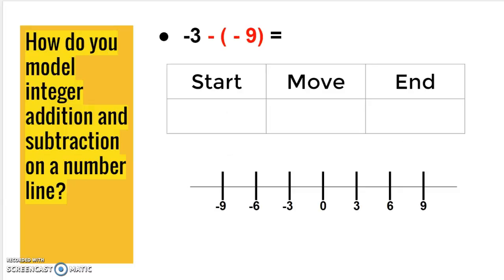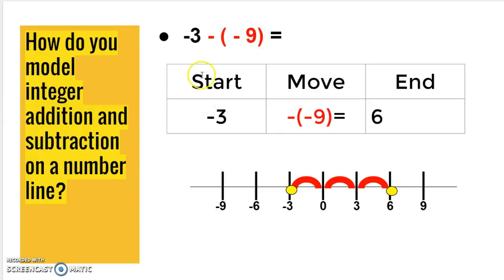Likewise, if you're subtracting, you still start at the first number, and then the second number tells you the direction to travel and how far, and where you end up will be your answer. So in this case, I start at -3, and if I'm going to take away -9, that means I'm going to go in the opposite of -9 on the number line, which means I'm going to move in the positive direction.